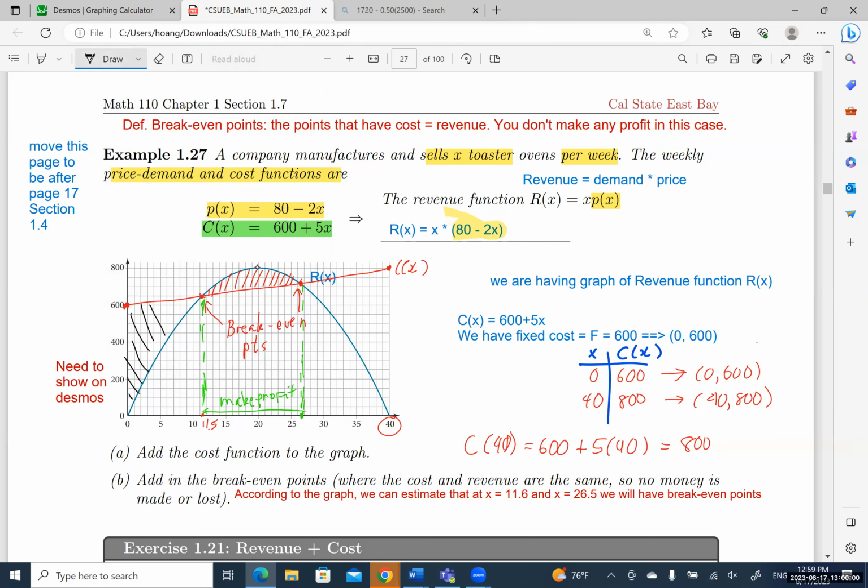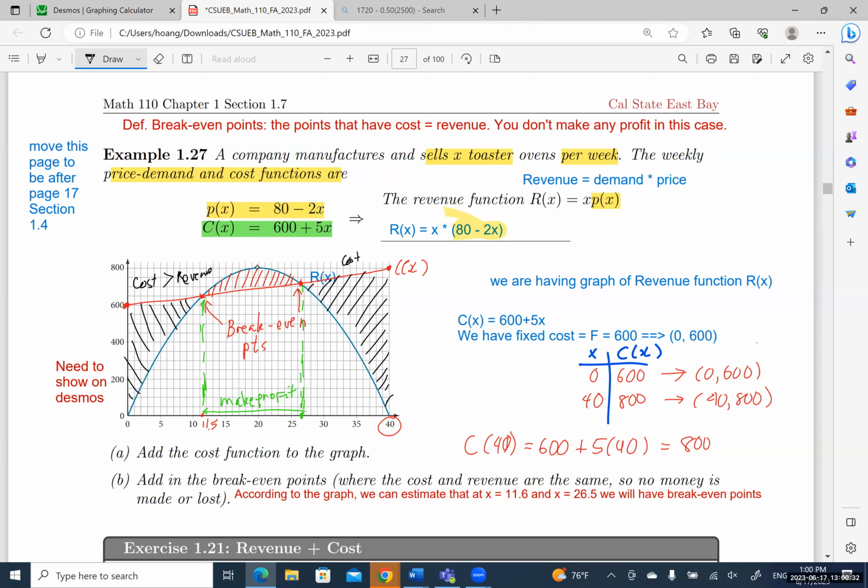You see that area, the cost is higher than revenues in this case. Both of these areas, outside, before and after the break-even points, are where the cost function is above revenues.